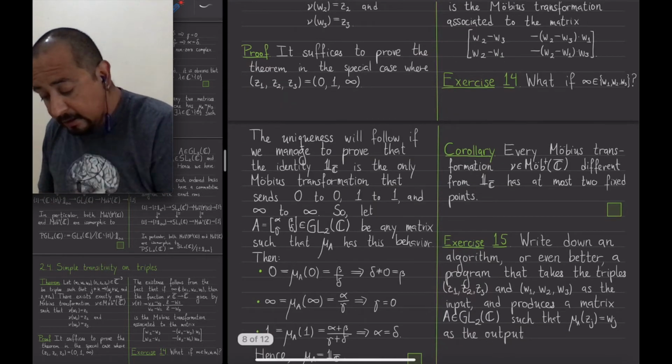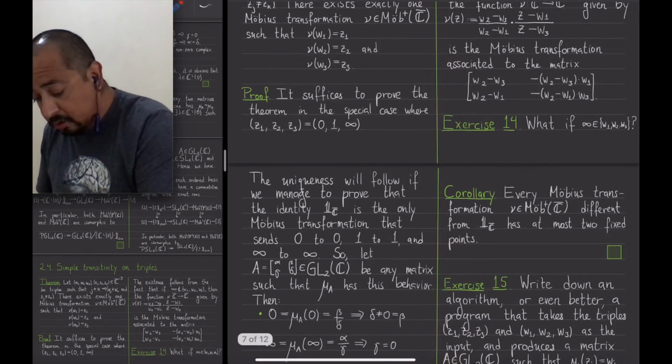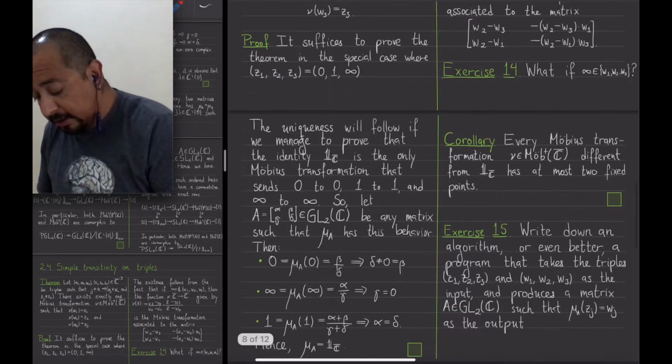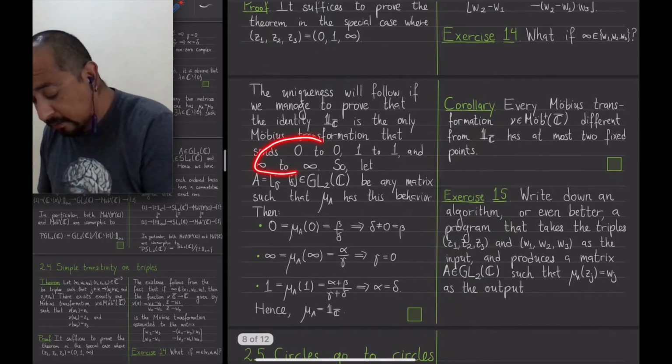So the two Möbius transformations with the given behavior are the same. So it suffices to show this.